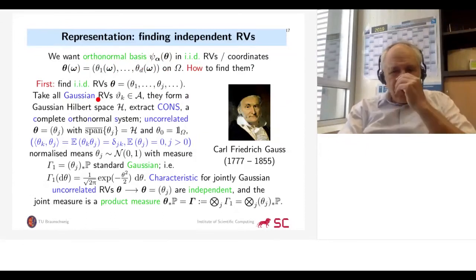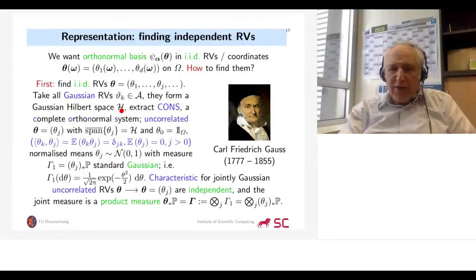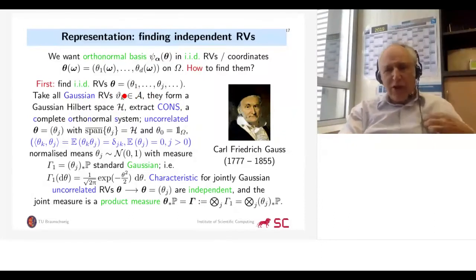The first thing to do is we take all Gaussian random variables which are in this algebra of random variables. They form a Gaussian Hilbert space, because the sum of two Gaussians is again Gaussian, and if you multiply a Gaussian by a number, it's also Gaussian. So they form a closed vector space, and we call this H.